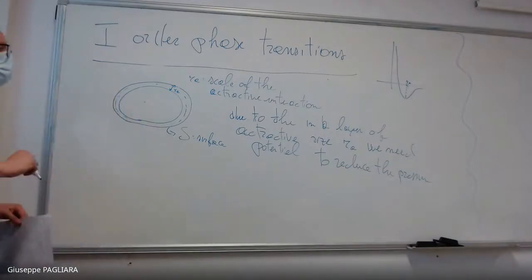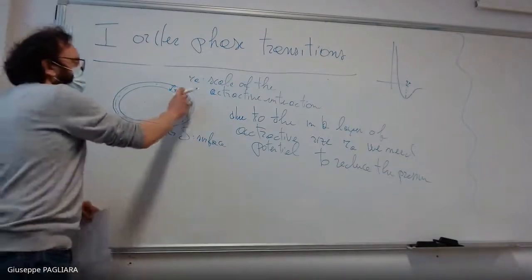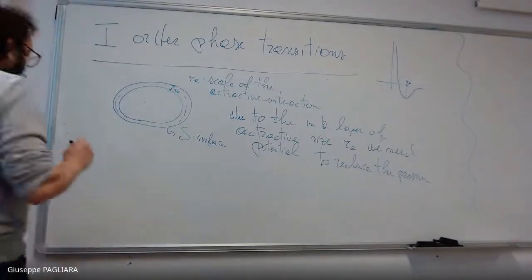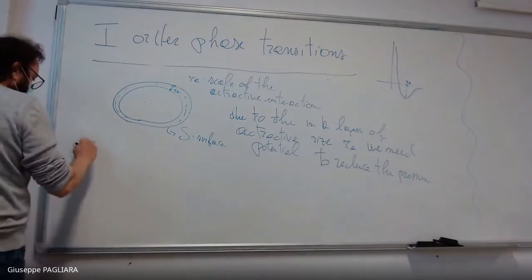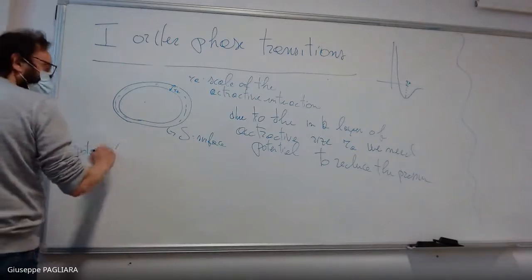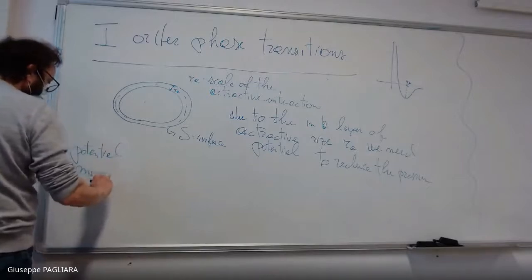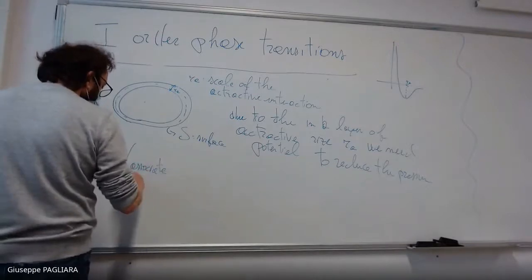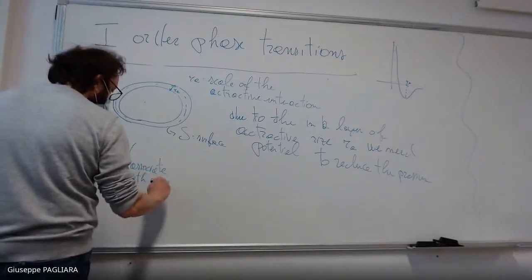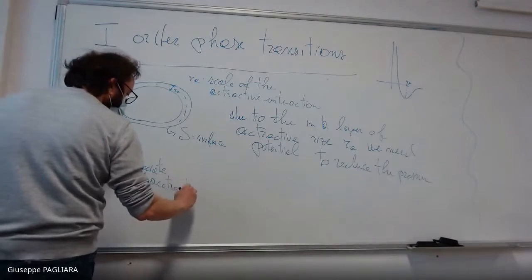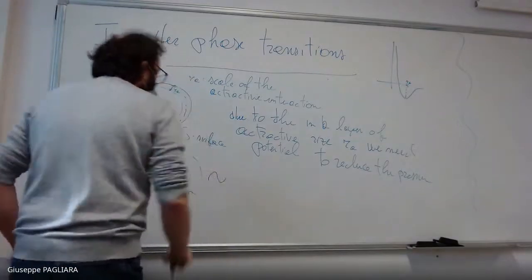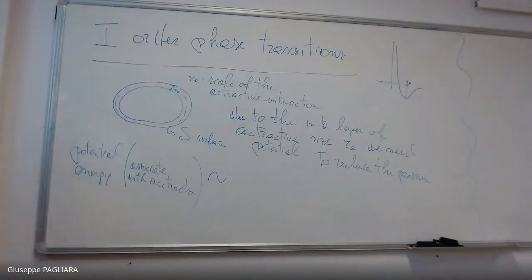Now, how to model the effect of this interaction for the energy? Well, let's write it this way: the potential energy which is associated with the attraction must scale as the number of particles that are in this layer.